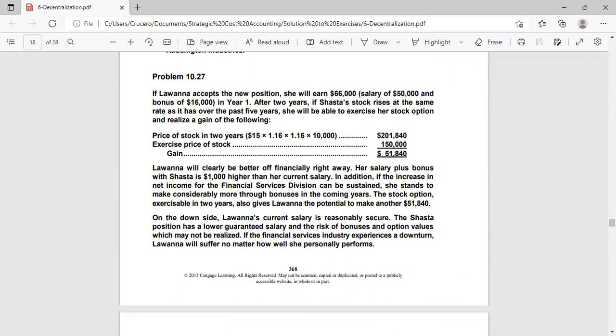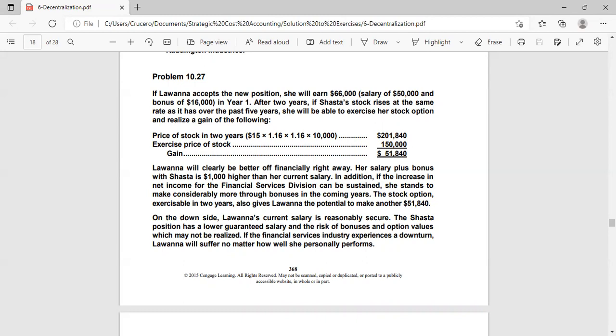We have bonuses and stock options. Advise Lawana on the relative merits of the Shasta offer. Lawana graduated with a major in accounting 5 years ago, obtained a position with a well-known professional services firm upon graduation, and has become one of their outstanding performers.